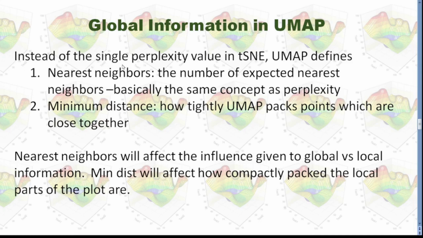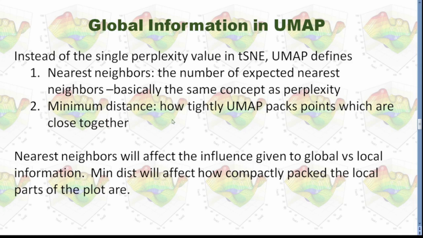Instead of the single perplexity value in t-SNE, UMAP defines first nearest neighbors. That is the number of expected nearest neighbors. Basically the same concept as perplexity. But besides that, we have minimum distance.